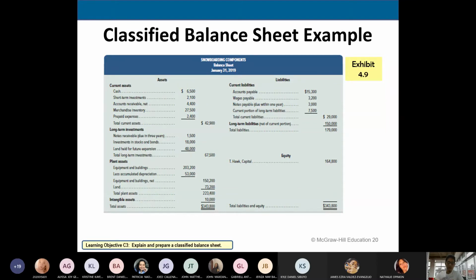Okay? Pag to be settled with a period of more than 1 year or expected to be paid for a period of more than 1 year, ang classification natin dun is long-term or non-current liabilities. Sabi ko kanina sa equity, wala tayong classification dyan ng current or non-current. Okay?